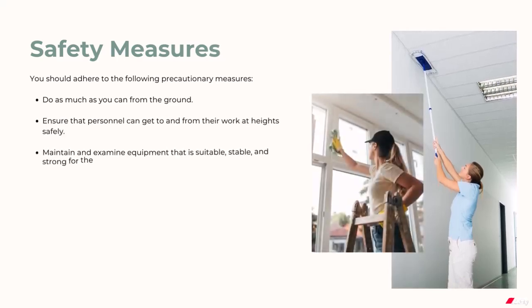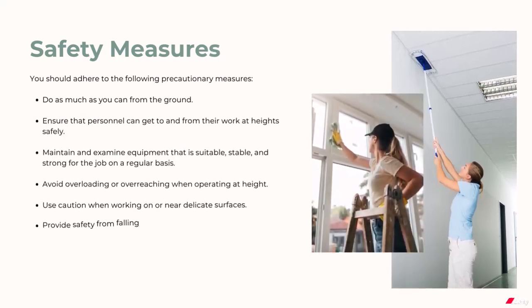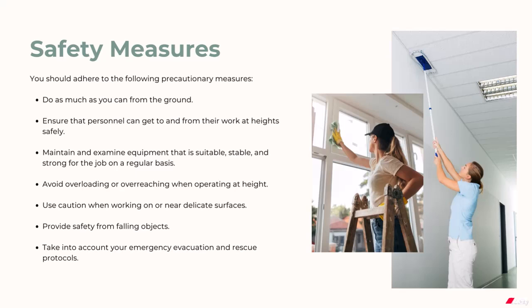Safety measures. You should adhere to the following precautionary measures. Do as much as you can from the ground. Ensure that personnel can get to and from their work at height safely. Maintain and examine equipment that is suitable, stable, and strong for the job on a regular basis.